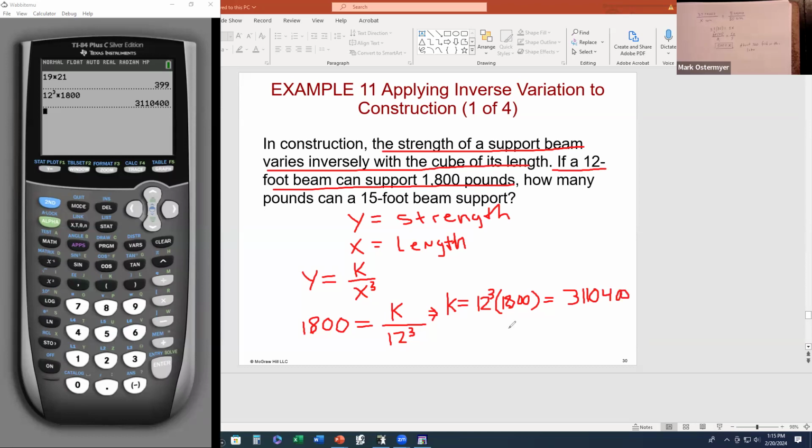Now we can answer this question. How many pounds can a 15-foot beam support? Well, Y is equal to 3,110,400 over what? 15 cubed. Get on your calculator and then we can find how much weight this beam can support.